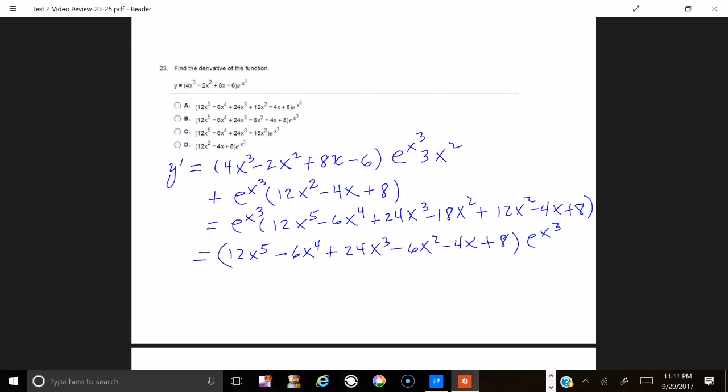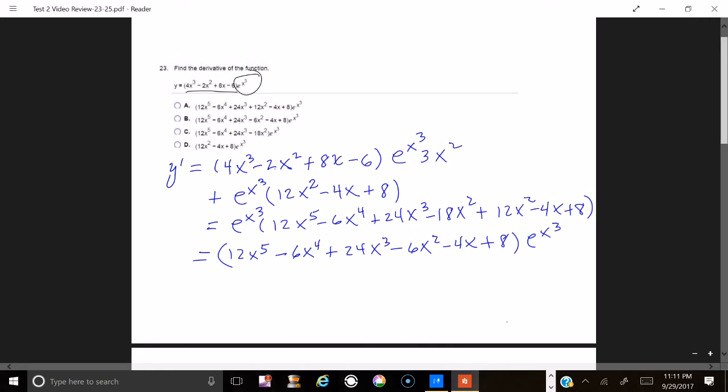Number 23, we need to find the derivative of the function, which is a polynomial times an exponential function. We'll need to use the product rule. So we start out with the first and the second. So we take the first times the derivative of the second.